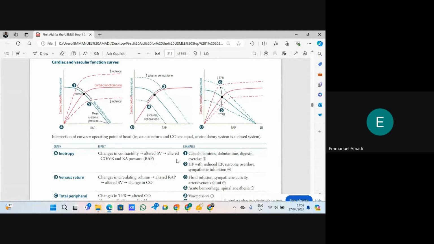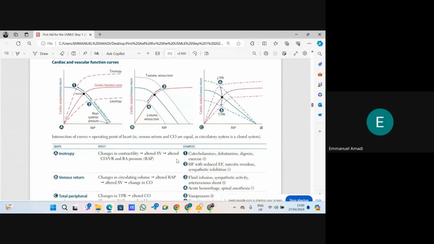Now, when you look at number 3, the venous return goes up. Of course, when venous return goes up, cardiac output will go up. The two of them go hand in hand. If you give a patient normal saline, we settled it, you can definitely push up the effective circulating volume. You will definitely have increased venous return. Cardiac output will go up.